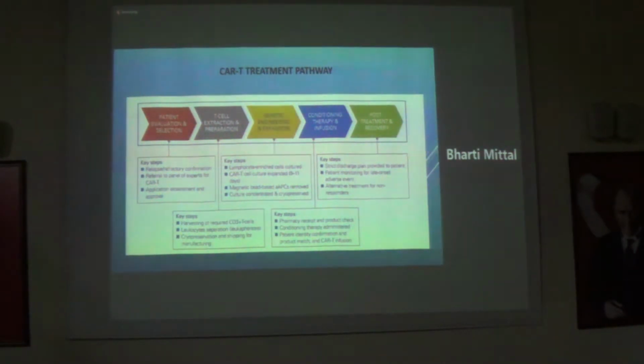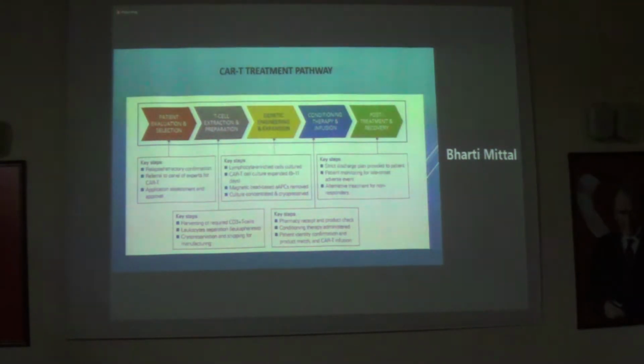So how do we select the patients? The key steps in selection of the patient are that the patient should be in relapse or refractory confirmation, the referral to the panel of experts for CAR T-cells, and the application, assessment, and approval. This is the key step to implement the CAR T treatment.